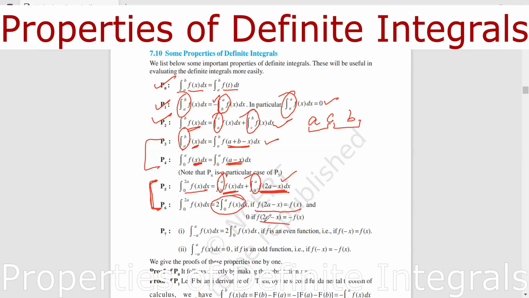If f(2a - x) is equal to minus of f(x), my answer will be 0. Right? After that, property number 7. If I have limit minus a to a f(x) dx, then if the function is even, that means f of minus x is equal to f(x), equal to the positive value, then the answer will be twice of this. But if the function is odd, it means f of minus x is equal to minus of f(x), then the answer will be 0.